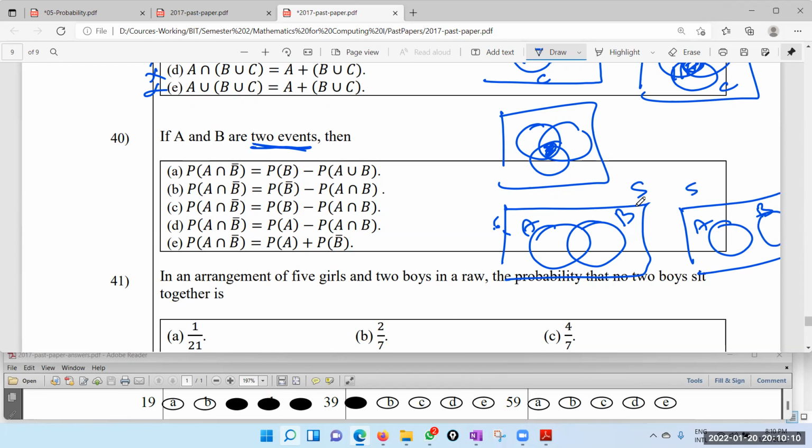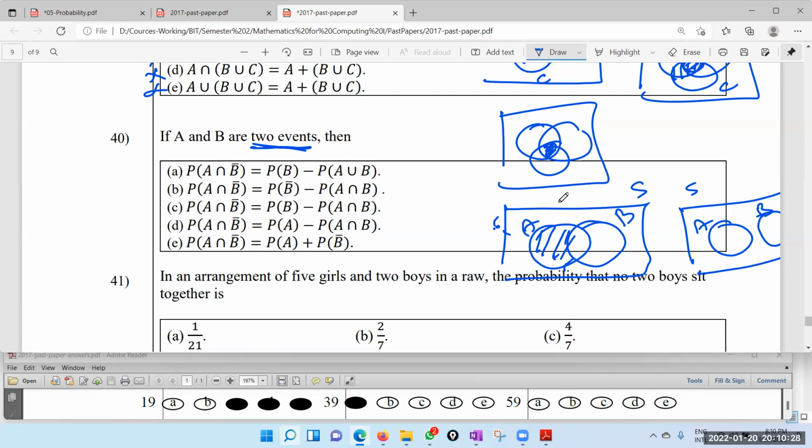Now let's see. Probability of A intersection not B. That means it must belong to A. At the same time, it must not belong to B. What is the probability of belonging to A and not belonging to B?